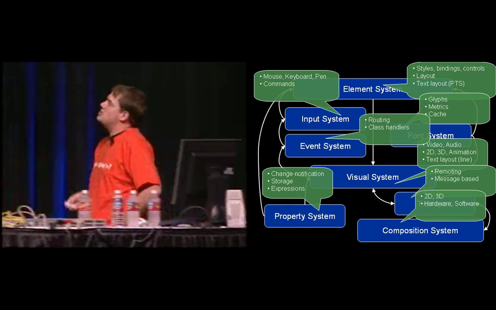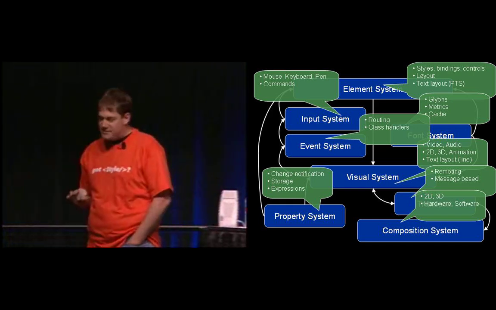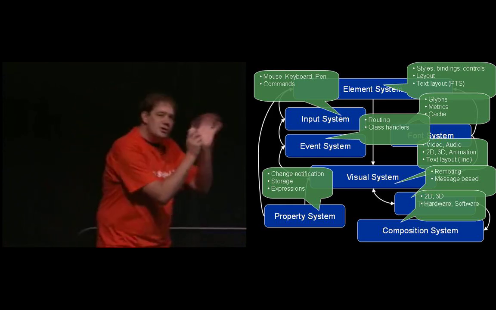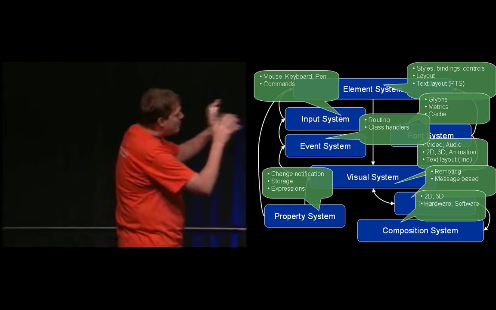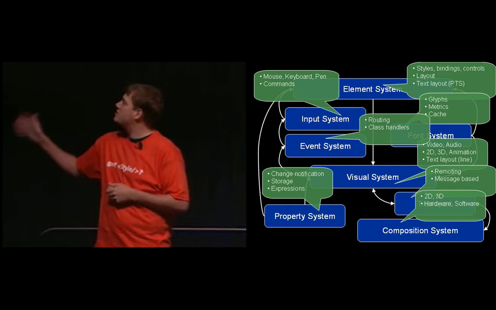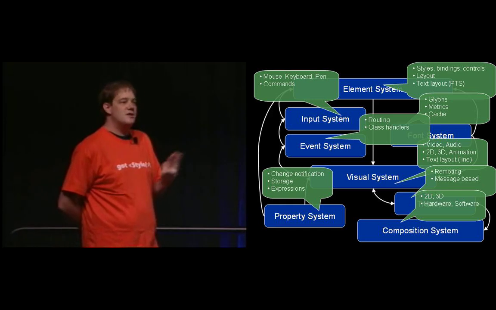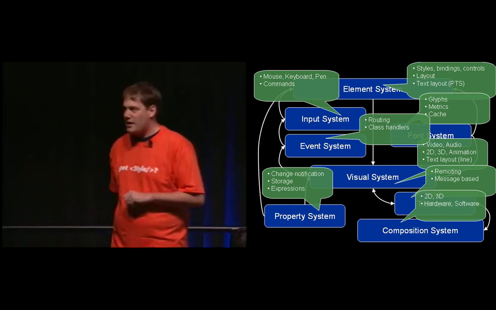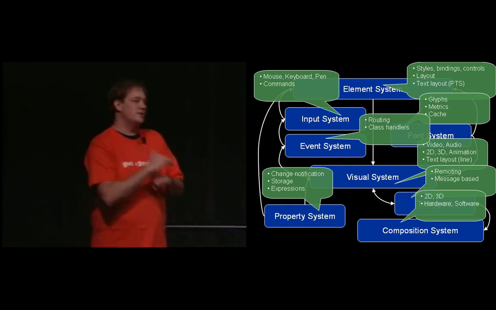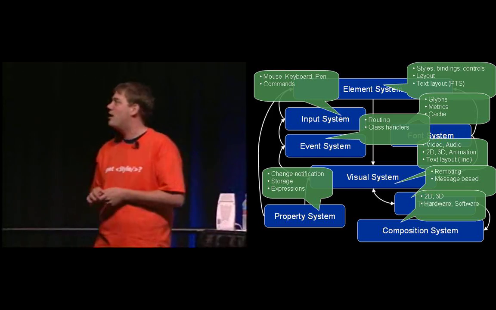You'll notice an interesting thing about this is that the font system is both used directly by the element system and the visuals. If you were paying close attention as we were going through, in the bubble for the element system, I said that it handled text layout. You'll notice I also say the visual system handles text layout. This is because there are actually two different kinds of text layout going on in Avalon. There's a high-level, page-level one, which we call page and table services, or PTS, because we love acronyms, as you've seen by all the new names for our products.